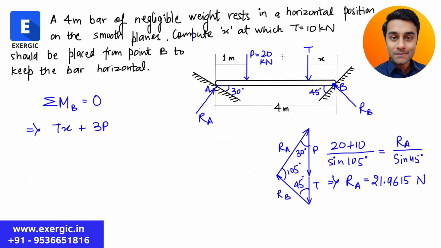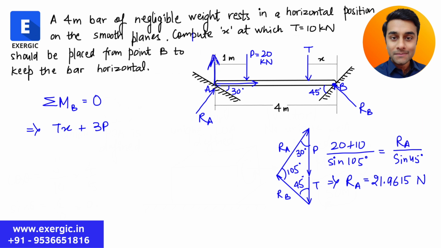In that case, I have taught you to take the components of that force, one here, other component here, right? Two components will be there, RA cos theta, RA sin theta. Then it will be easier for you.